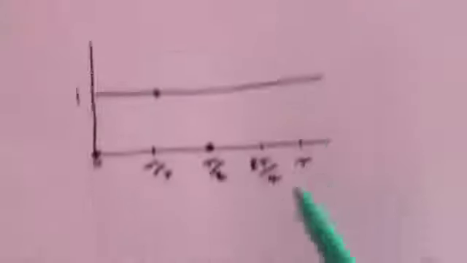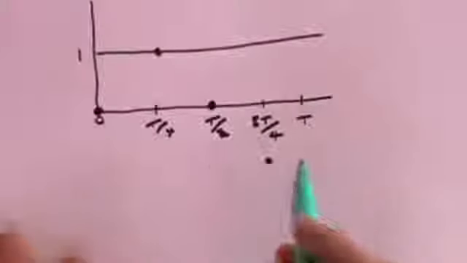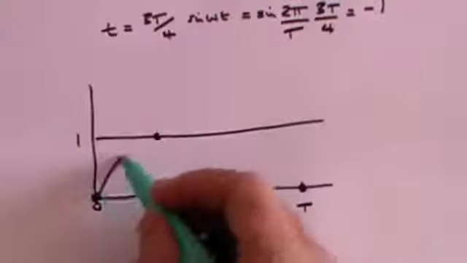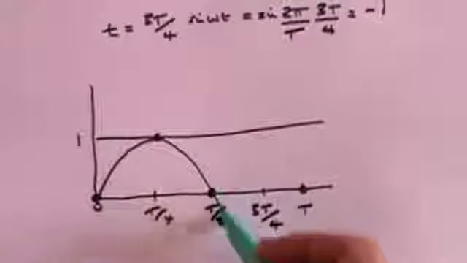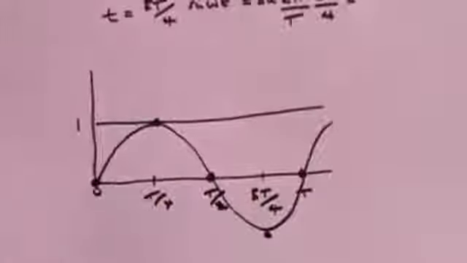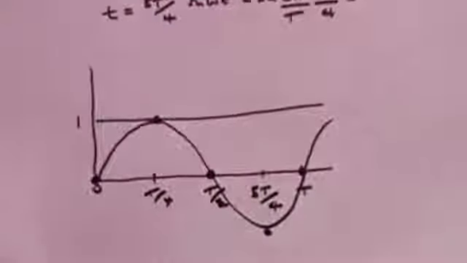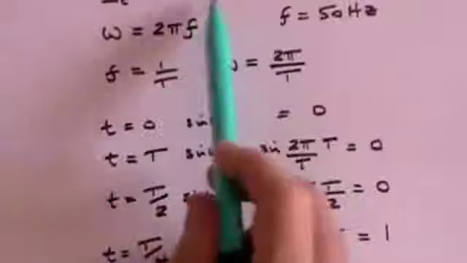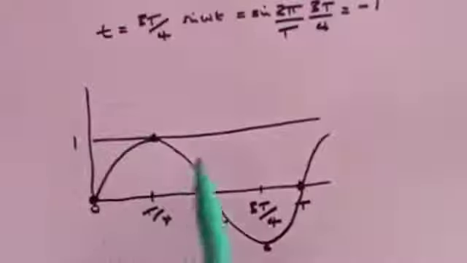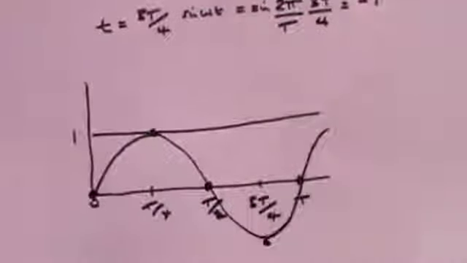When t was 3T over 4, sine omega t was minus 1, so that's going to be down there. And when t is T, the sine of omega t is 0. So what we've got is the sine wave we were looking for. And of course it continues to do that. So in other words, this formulation of sine omega t is what gives us this shape of sine wave.